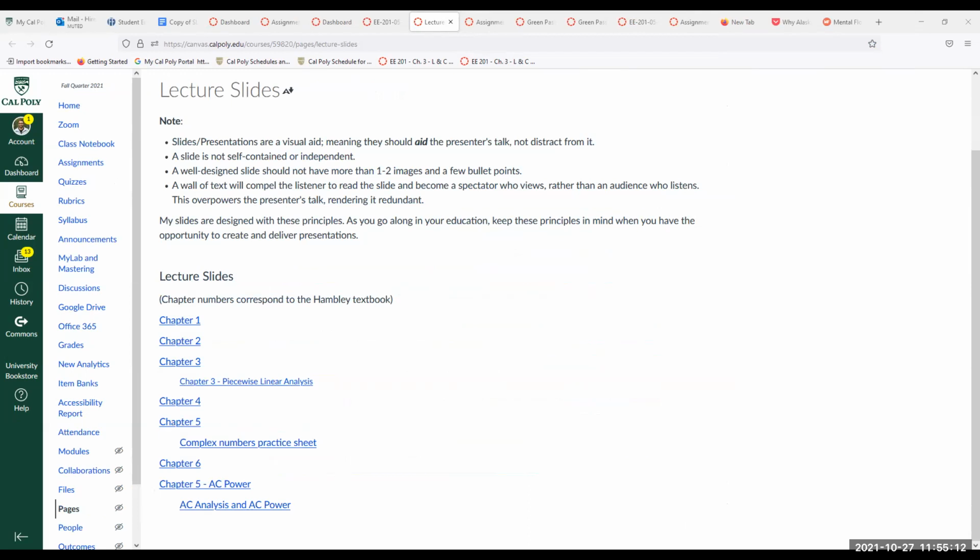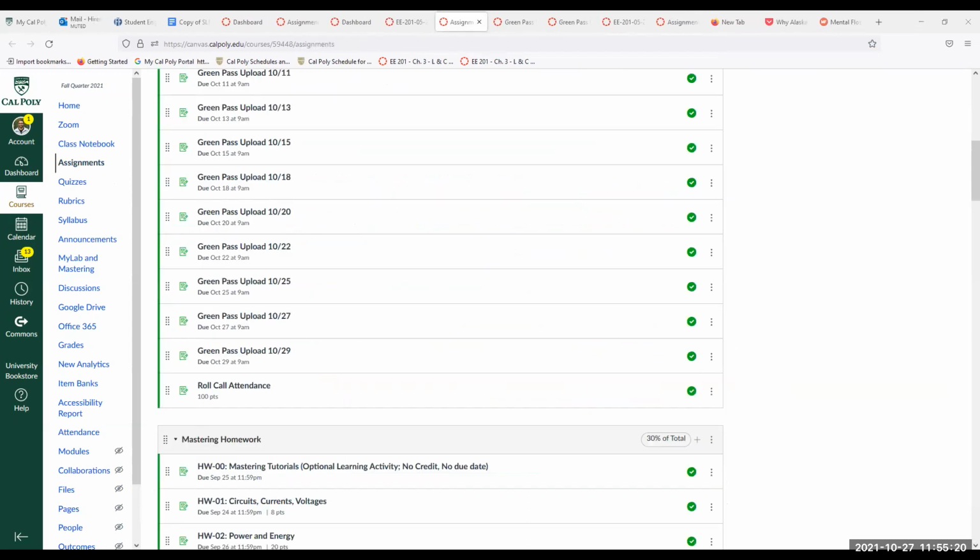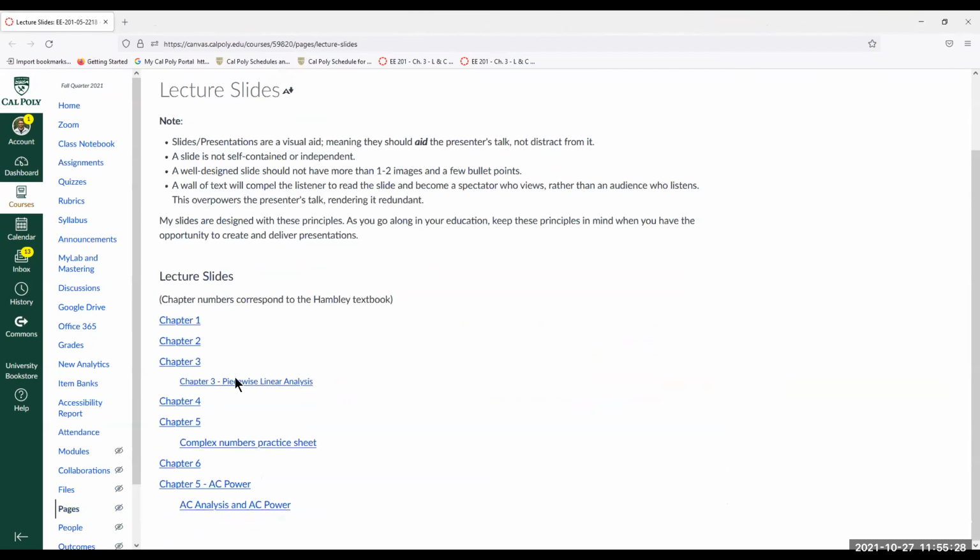Okay, so on the website, if you go to lecture slides, right here, piecewise linear analysis, it contains 2 solved problems. They're different problems, so definitely go over the problems.